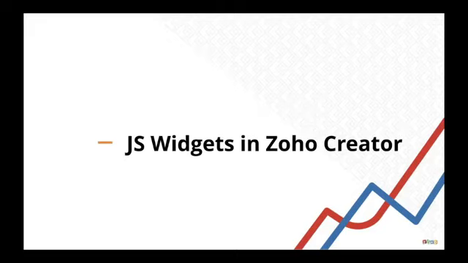It's not used in forms or reports. The UI of a form or report cannot be changed beyond a certain extent. But pages give us the option to use a JavaScript widget, with which we can build custom widgets and host them in Zoho Creator sites.